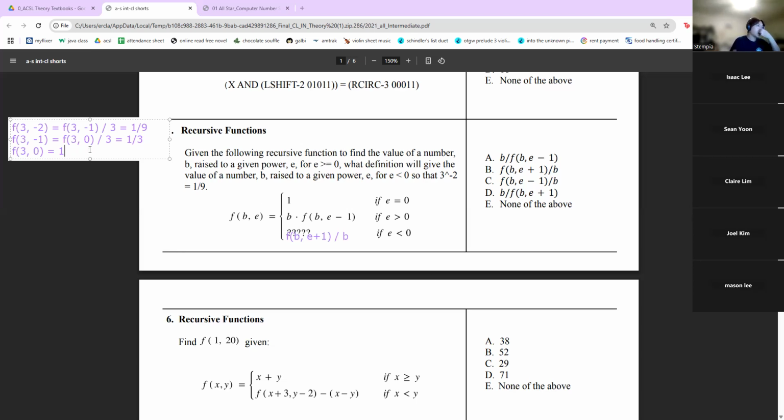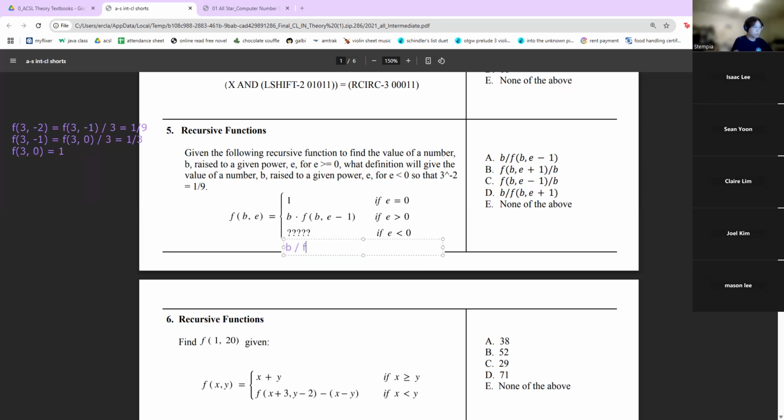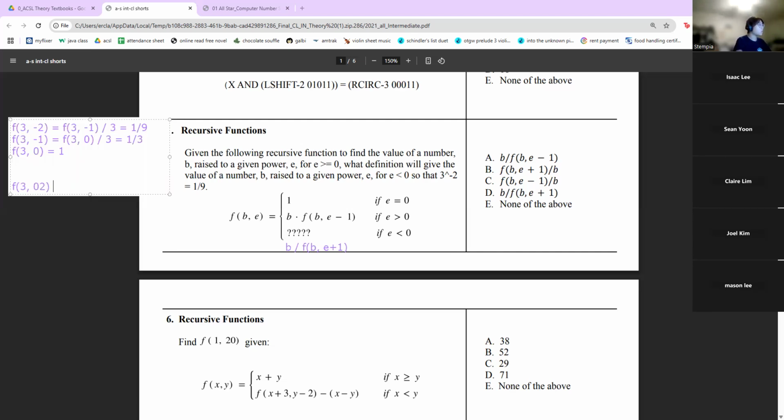If we were to plug in the other answer choice, let's replace this instead with b divided by f of b comma e plus 1. What we would get is f of 3 comma -2 equal to 3 divided by f of 3 comma -1.